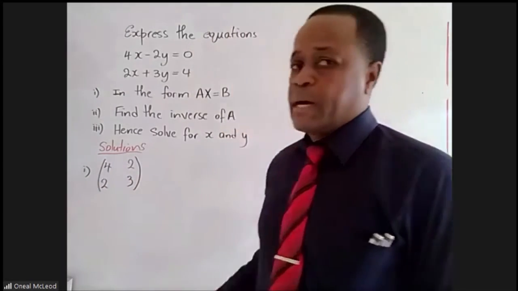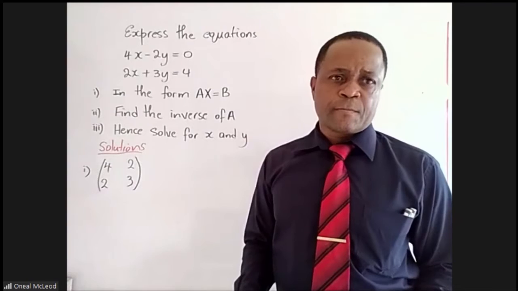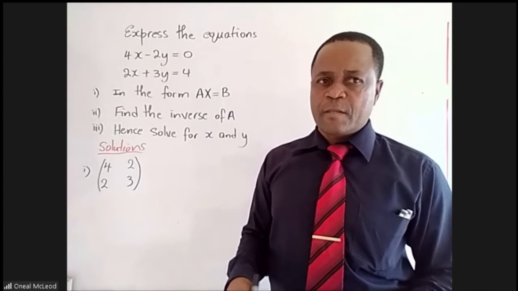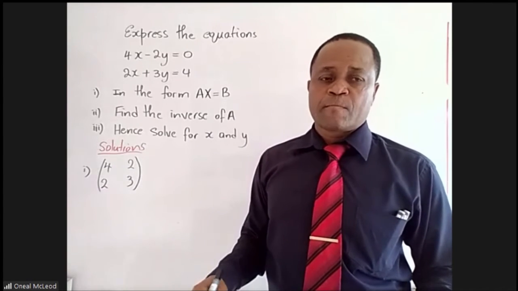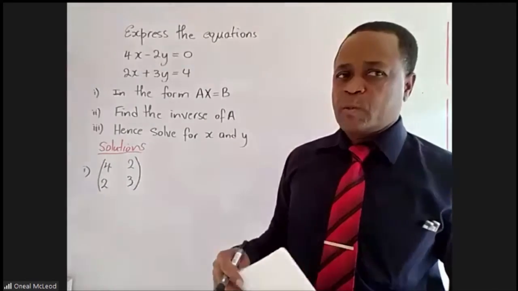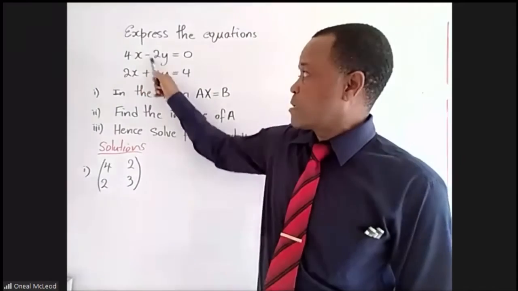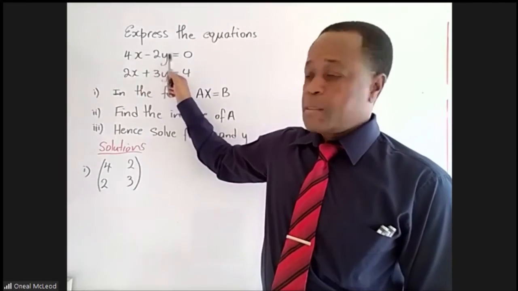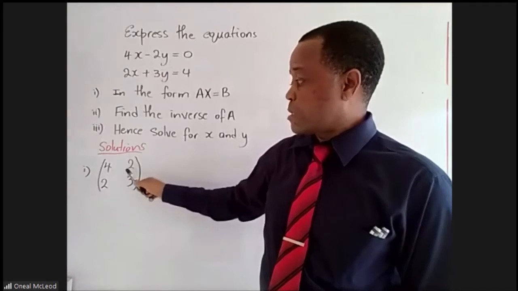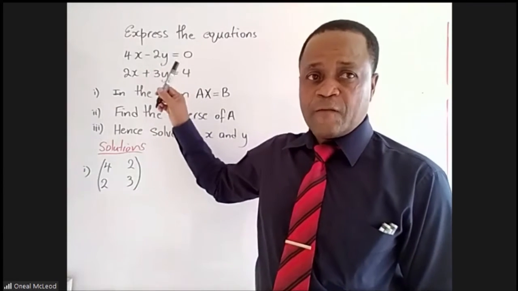And I will stop to ask you, do you think what I've written down is correct? All right, so for those persons who say no, I am in agreement with you, because when I look at the coefficient of this variable here, then the coefficient here is not positive 2, but it's going to be what? Negative 2.